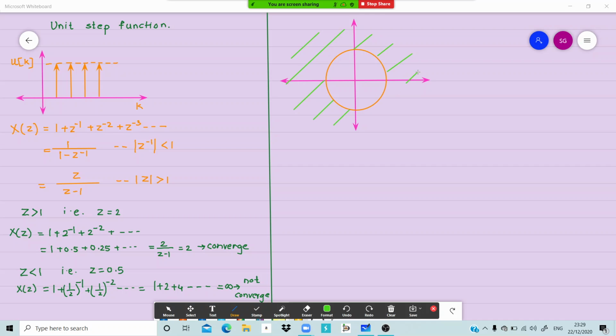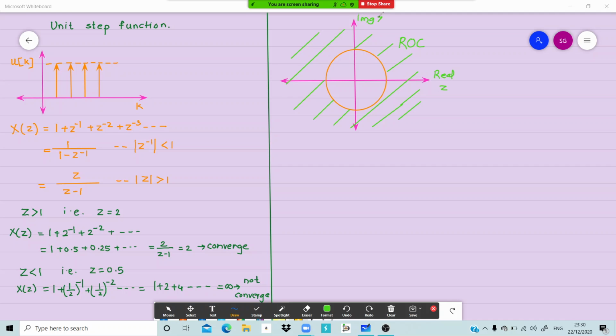My intention is to tell you that outside the unit circle you will find the region of convergence. When |z| is greater than 1, the system is stable. So the ROC for this particular system is outside the unit circle, on the real z and imaginary z axes.